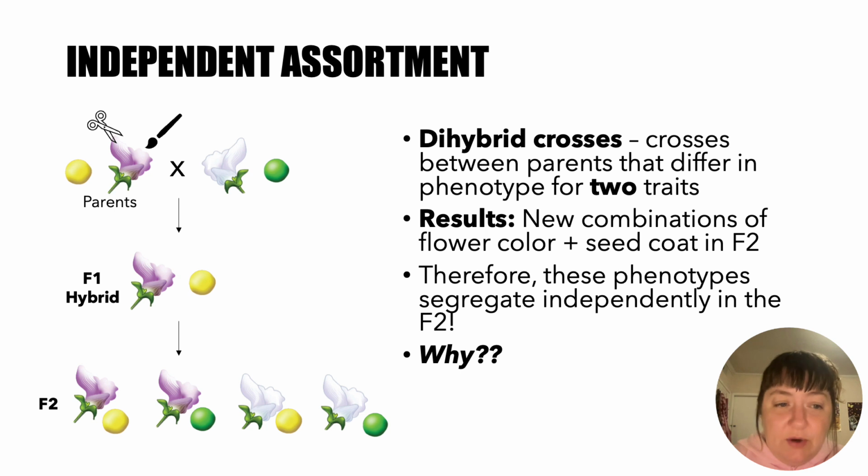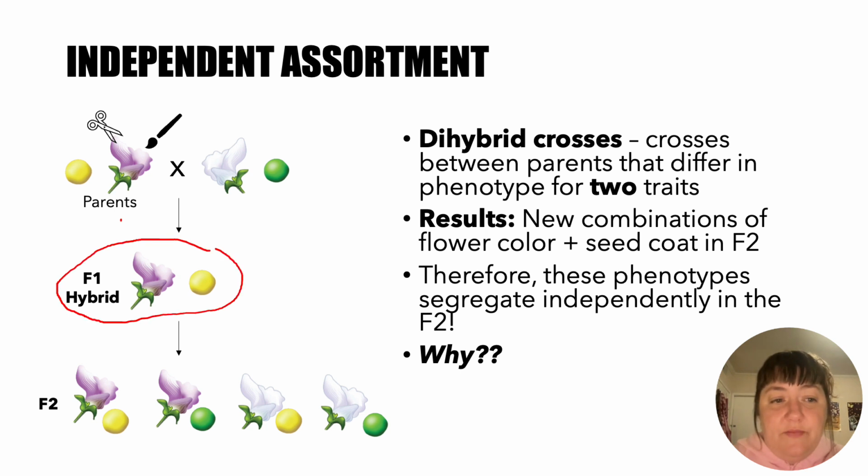The F1 hybrids all looked like one of the parents for both of the traits. But in the F2 generation, he saw new combinations of flower color and seed coat. And he did this for all of his different traits. That's why he grew so many plants, and it took him 8 years. But he figured out somehow that these different phenotypes are segregating independently in the F2 generation.